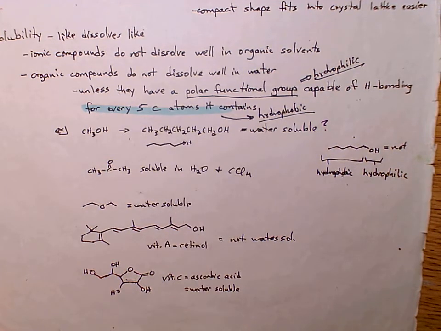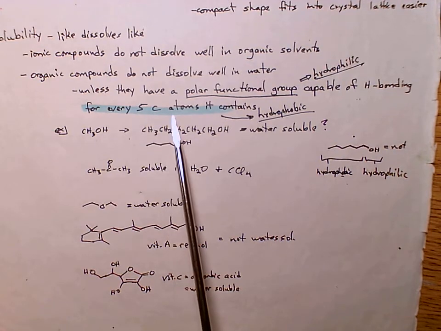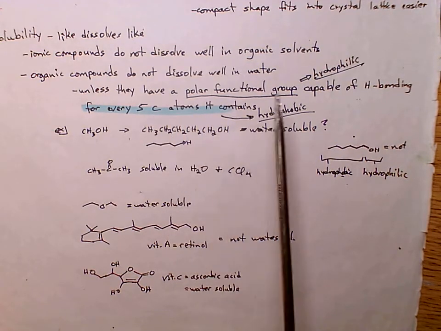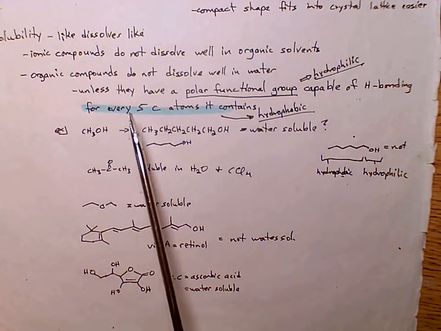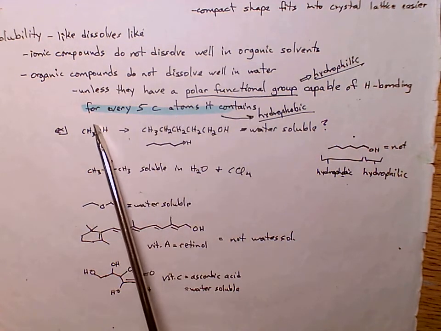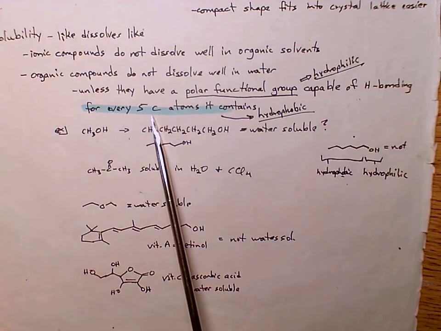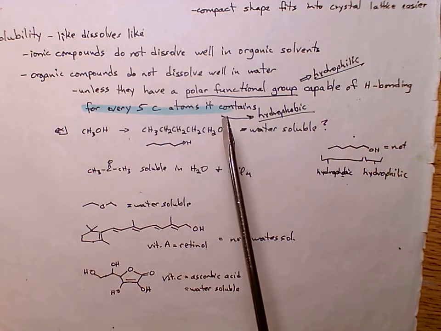Only this end likes the water. And we have a general rule. For every 5 carbons per hydrophilic functional group, if the number of carbons is less than 5 per polar functional group, it will dissolve in water.